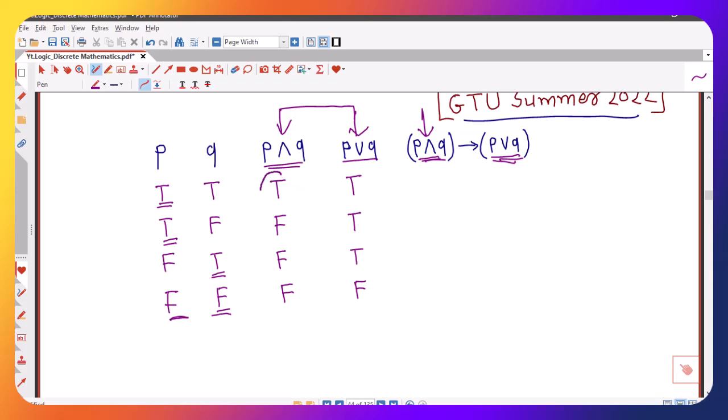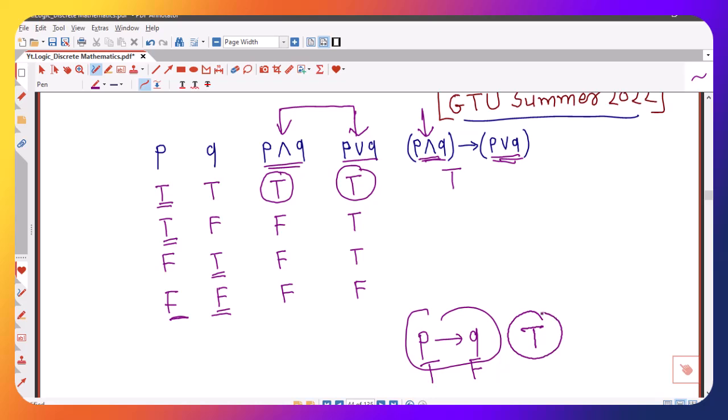So here P and Q is true and this is also true, therefore we have truth value T, and we know that whenever we have this type of conditional statement, it is going to be false if P is true and Q is false. In all other cases it has truth value T. That means if the first proposition is false, then in that case this implication is always true.